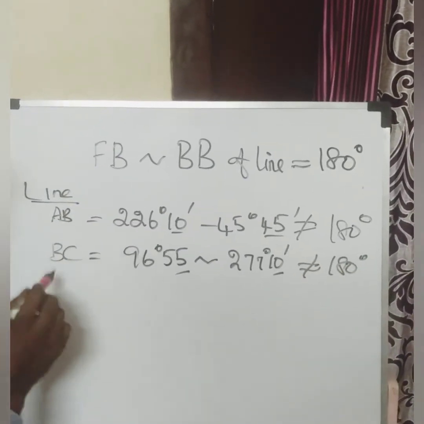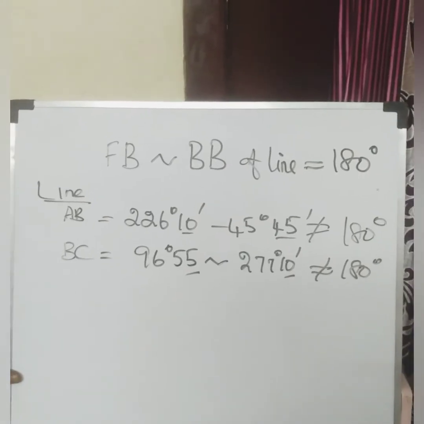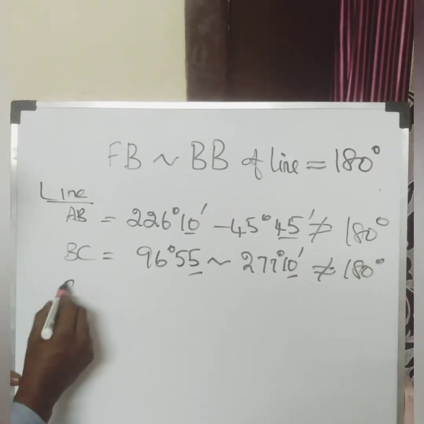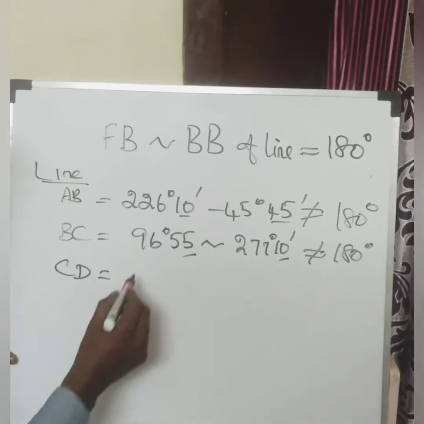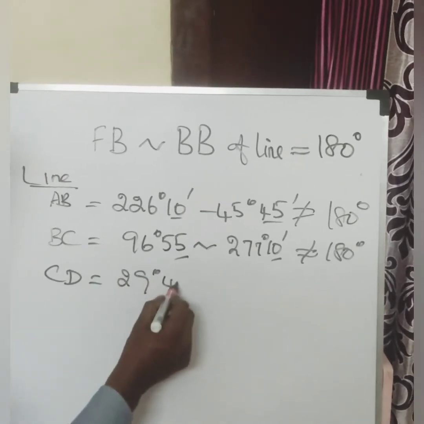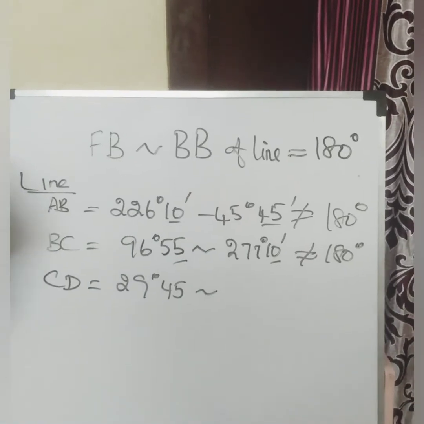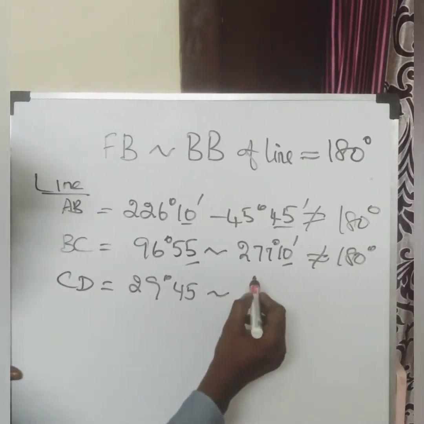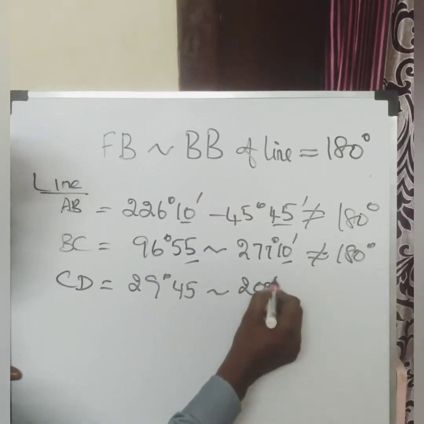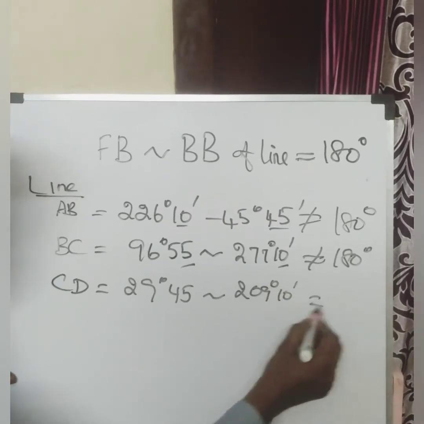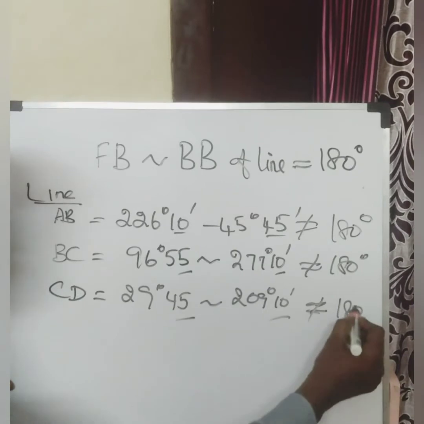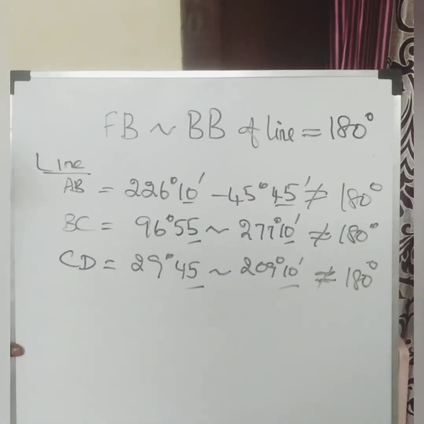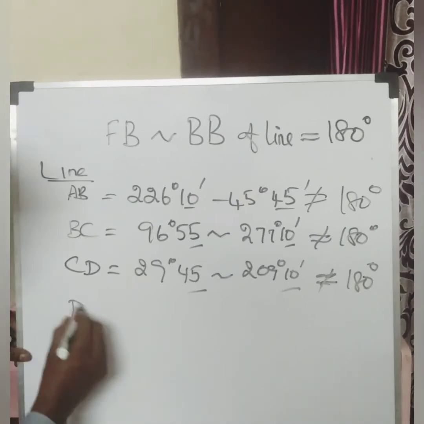So stations B and C are also affected by local attraction error. Next is CD. Forebearing of CD is 29 degree 45 minutes. Back bearing of CD is 209 degree 10 minutes. Here also this condition is not satisfied, not equal to 180 degree. The last line, DE.